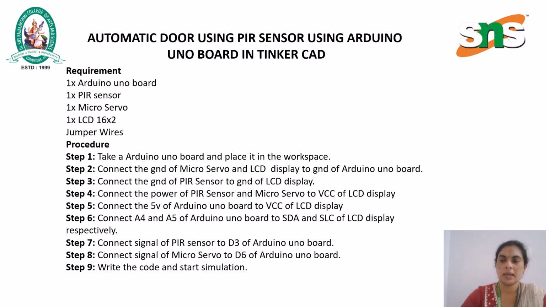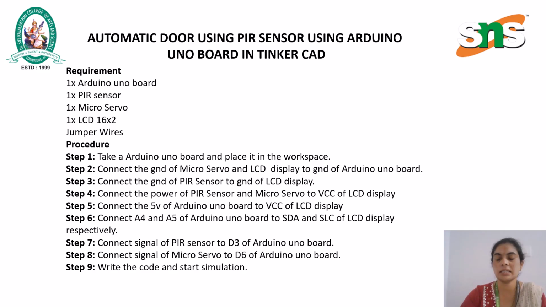Basically the PIR sensor is used for motion detection, for security purposes, detecting an object by reading the infrared radiation emitted by the object. The components required are the microcontroller and the PIR sensor, which detects the motion.